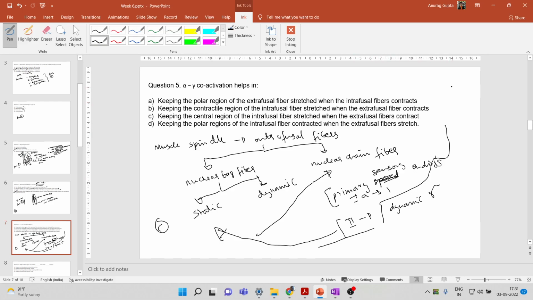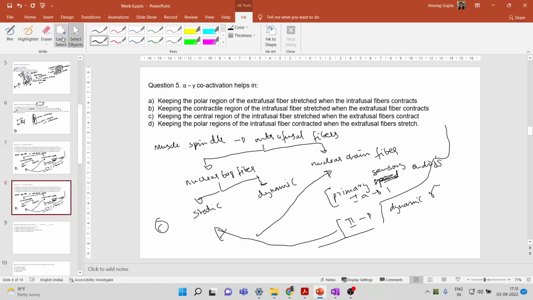First of all, let me just go to a new slide. There's no space here, so let me just duplicate this. Let's erase this.